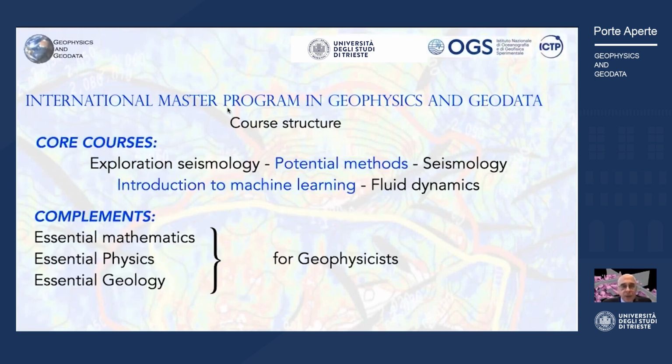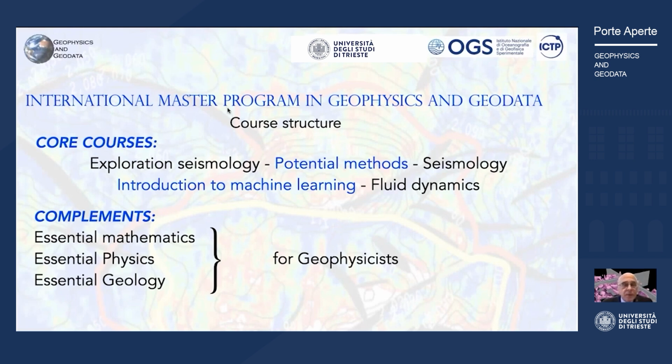Well, you will have a core of the program, which is made of 5 courses, mandatory for all of the students enrolled, which are exploration seismology, potential methods, seismology, introduction to machine learning, and fluid dynamics. We provide complements, taking into account the fact that you may come from very different scientific and technical backgrounds.